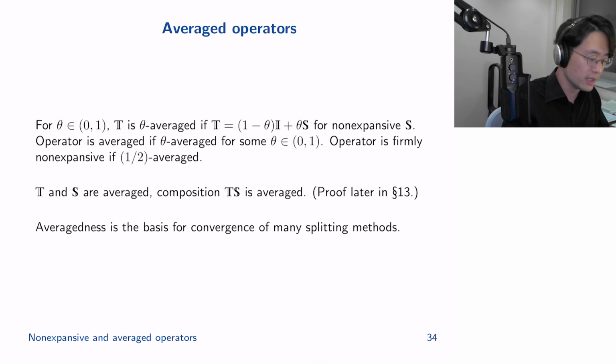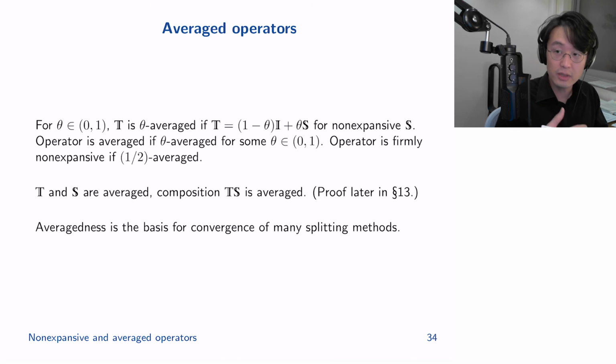For a certain value theta strictly between 0 and 1, we say T is a theta-averaged operator if T is a convex combination of the identity mapping and another non-expansive operator S. So if we take a non-expansive operator and take a strict convex combination with the identity operator, that gives us an averaged operator.